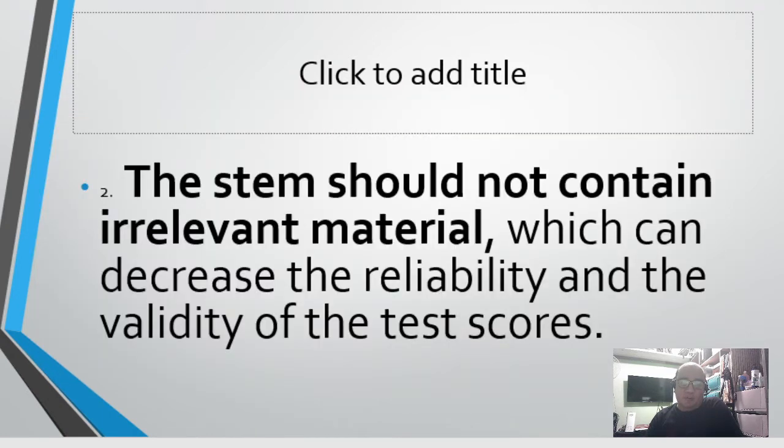Number two, the STEM should not contain irrelevant material, which can decrease the reliability and the validity of the test scores. So see to it that the words being used in creating the STEM are related to each other, so you do not confuse students in reading your STEM or the questions.